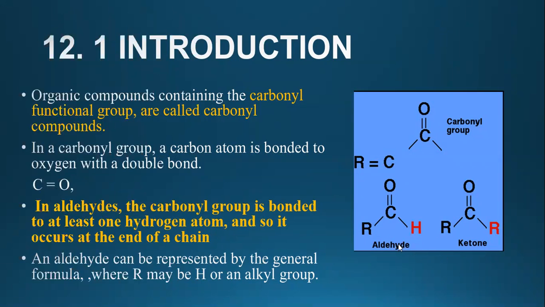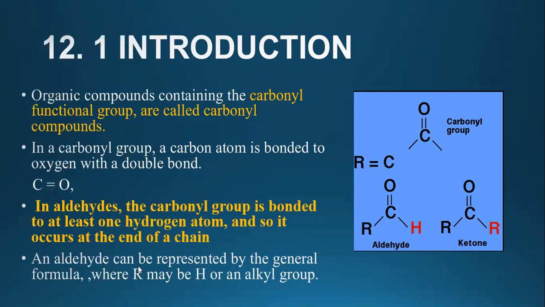So we can say that in case of an aldehyde group, one hydrogen atom should be attached with carbonyl group. So it occurs at the end of the chain because this chain will start from this end.